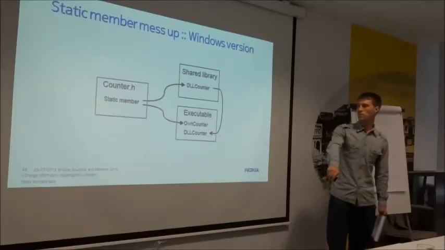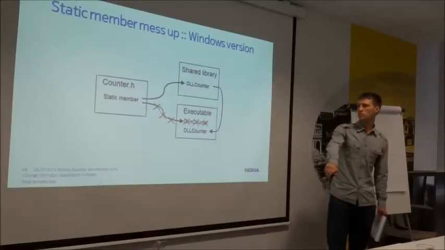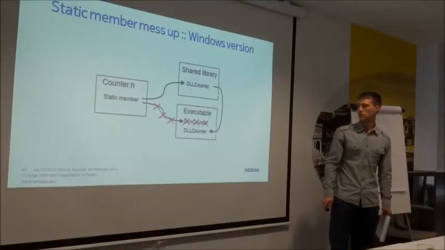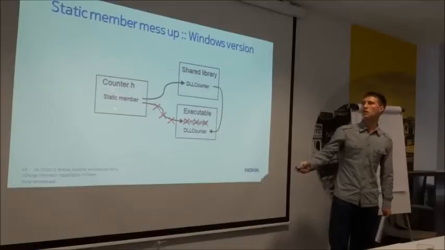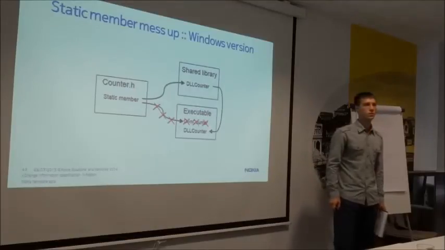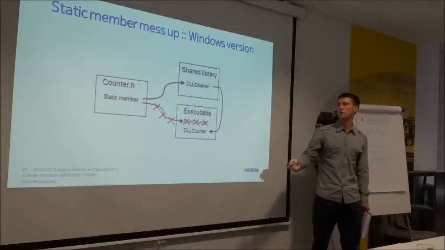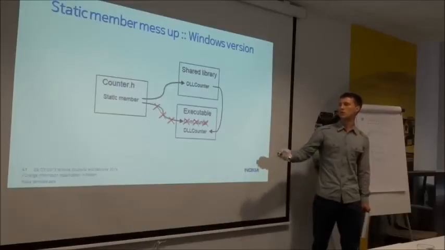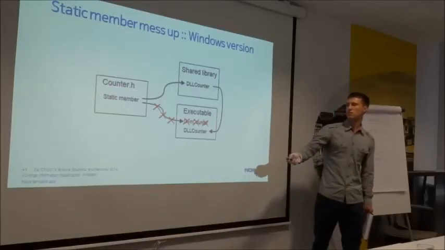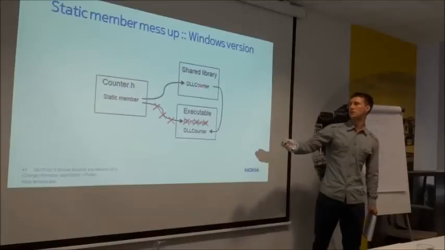So the only way to proceed further is to break this link. The idea to fix it is to break the link between this counter and the executable. Simply, we should hide this static member from the executable so that it is not created here, and export this symbol from the DLL, from the shared library.